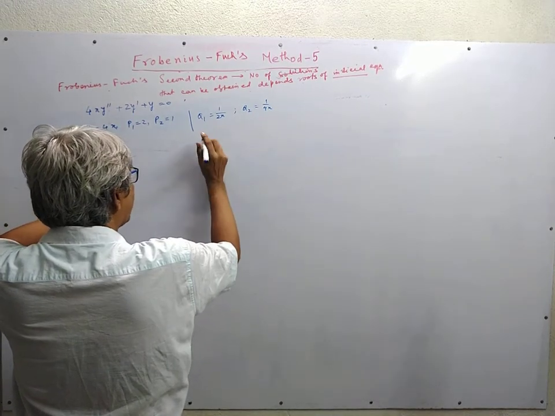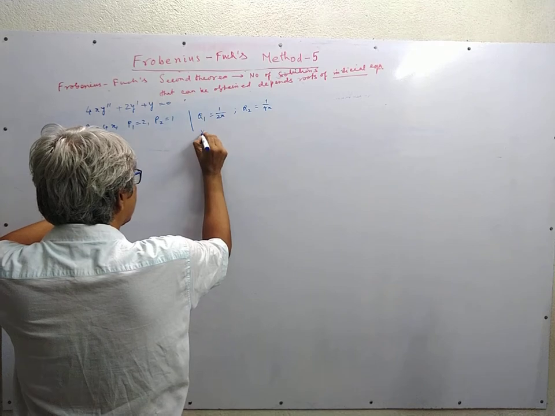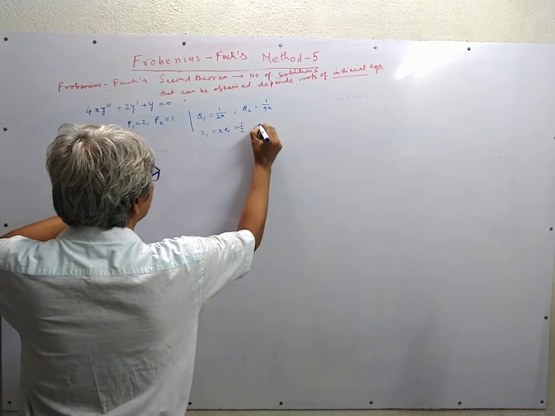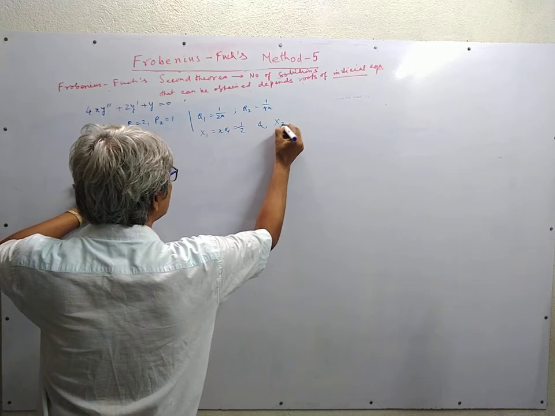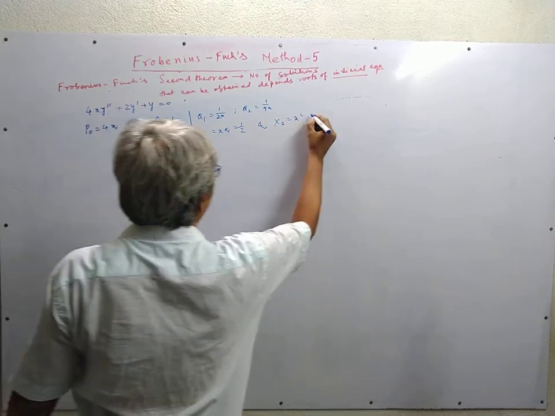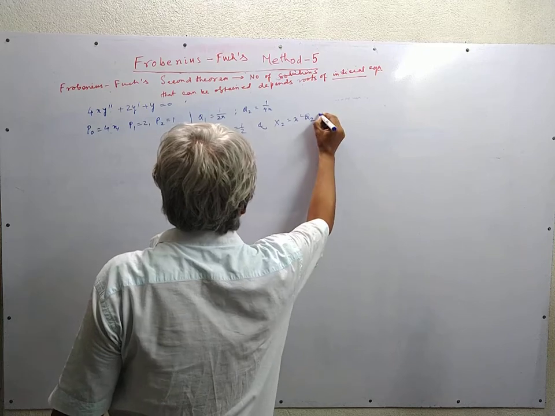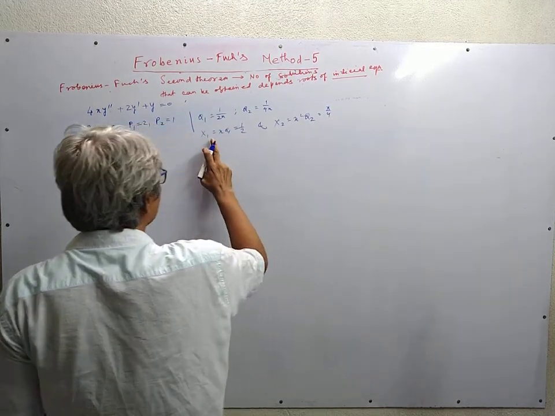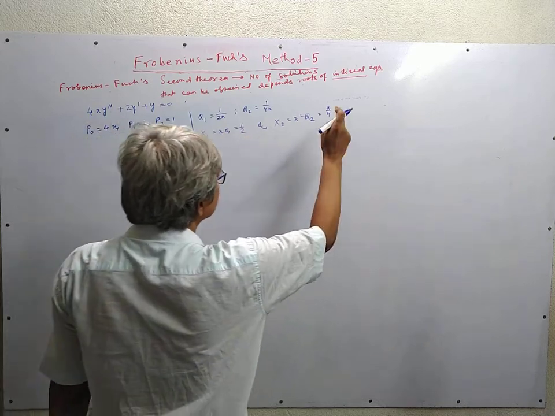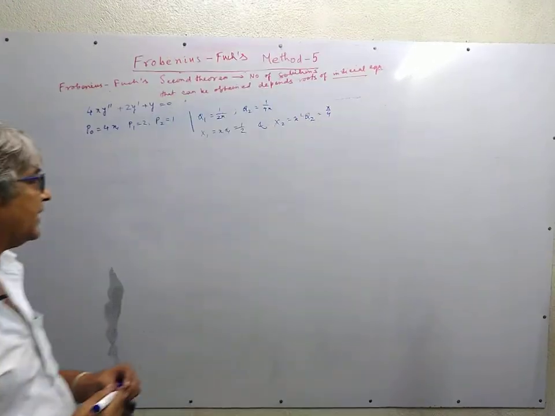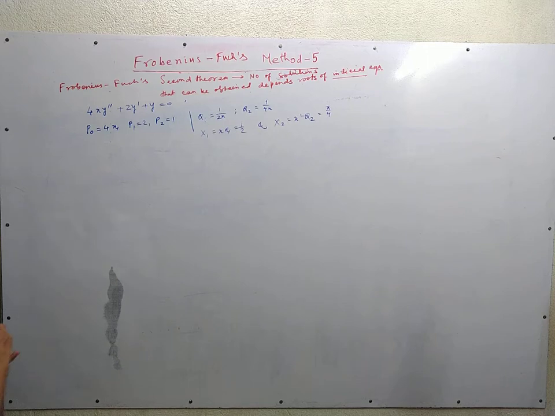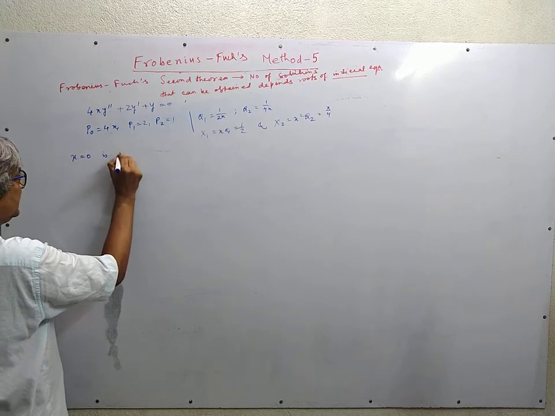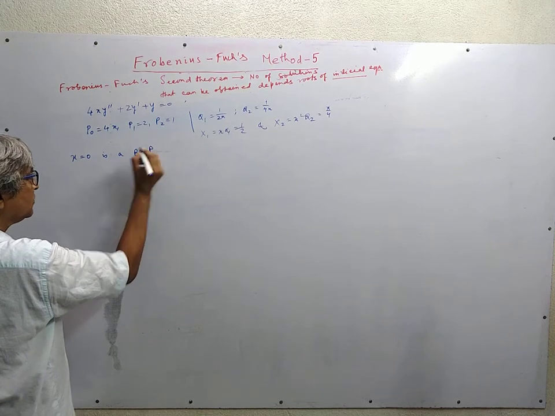So X1 is x times Q1, which is equal to half, and X2 is equal to x squared times Q2, which is equal to x by 4. At x is equal to 0, this is half and this is 0. So they are finite. So x is equal to 0 is a removable singular point.